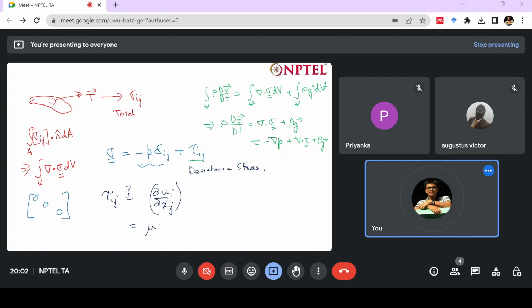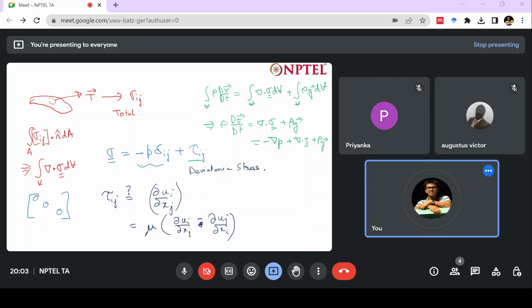One is our normal viscosity that we know, which is related to your shear stresses.